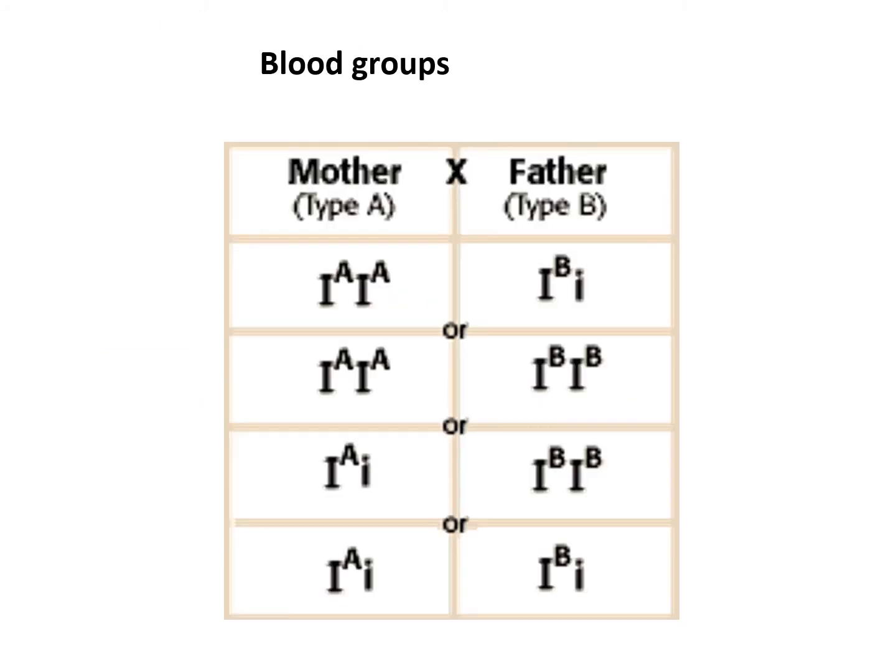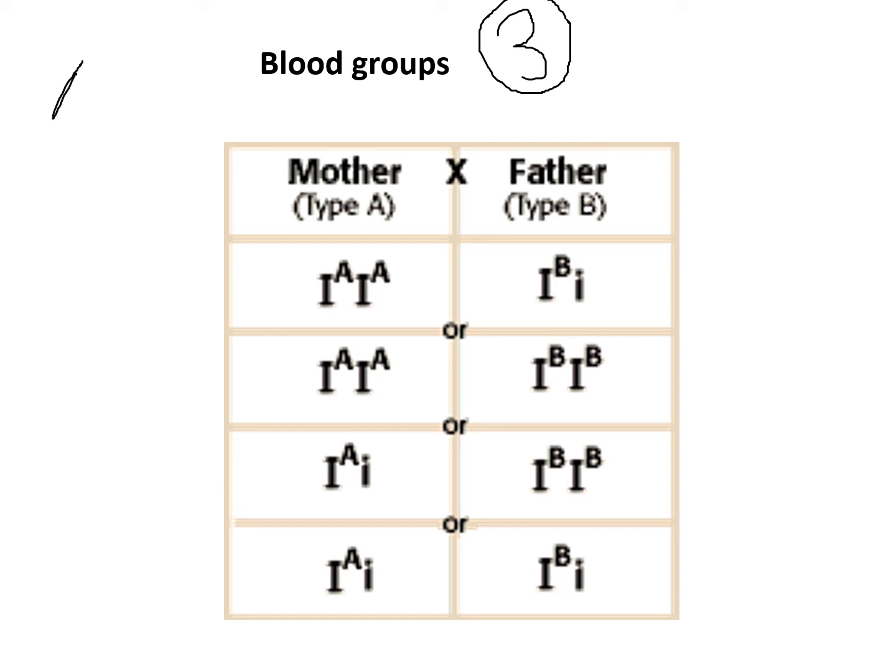So next we come to the idea of blood groups as our third example of a genetic cross. And blood groups is an example of multiple alleles. And what this means is that we don't only have 2 alleles which can control blood groups in humans. We in fact have 3 alleles which can control it.